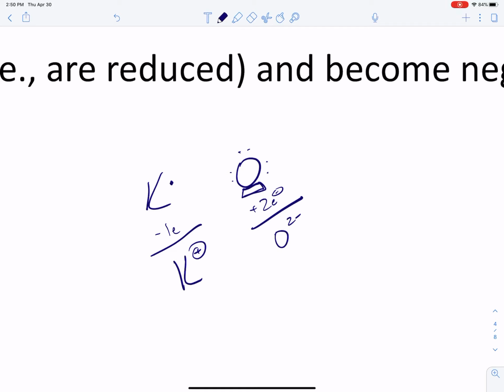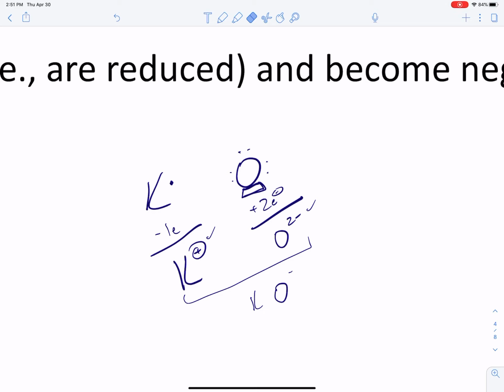Okay? So how are we going to take these 2 things and put them together? Well, you have to look at the charges. You have to balance those charges. If I have an oxygen that has a 2 minus charge, and I just put a potassium next to it with 1 positive charge, that doesn't cancel out the charges, right? I still end up with a negative charge.